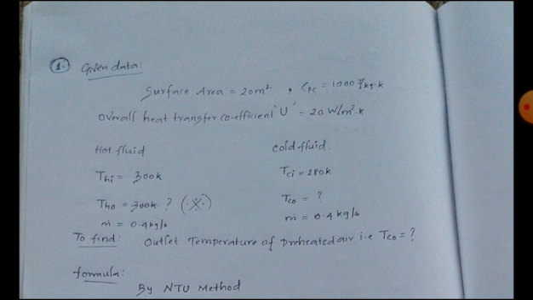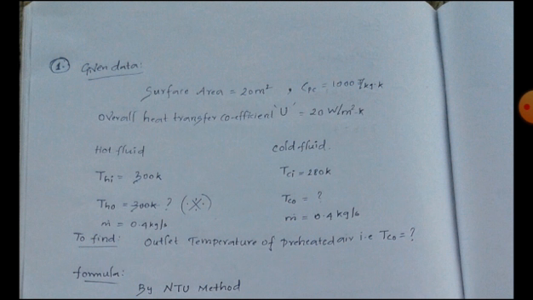Then I have separated it into hot fluid and cold fluid. Here I struck out T H out, the outlet temperature of the hot fluid, and marked it as important because here is the twist. Normally we think the given temperature is the outlet temperature of the hot fluid.